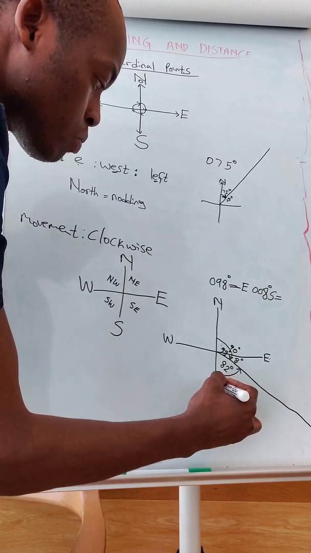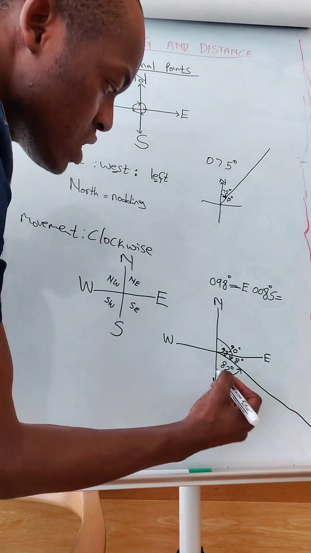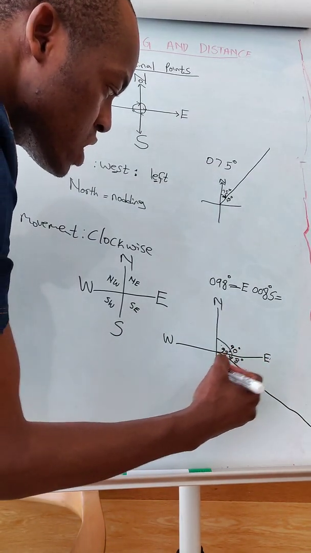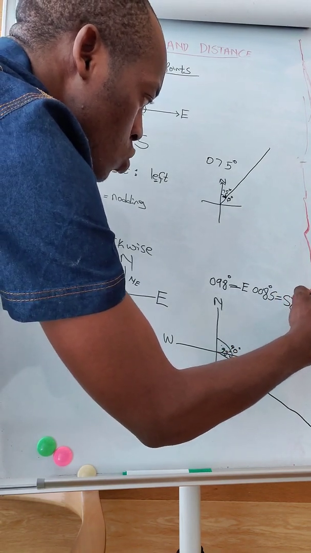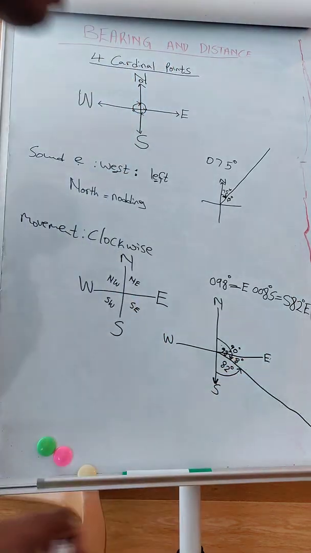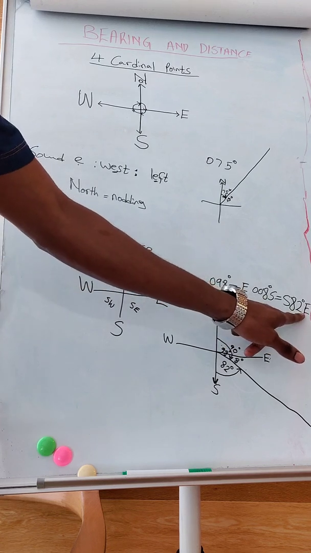That is, from this south towards east is 82. That is south 82 degree east. This is clockwise, this is clockwise, this is anti-clockwise.